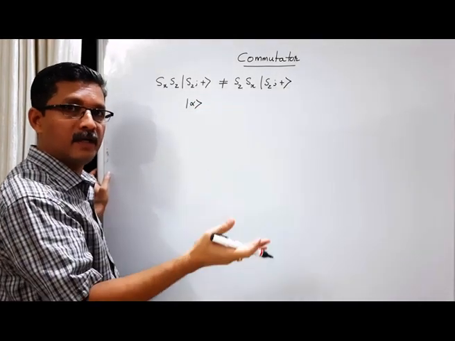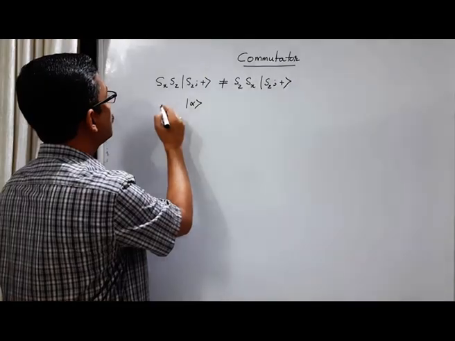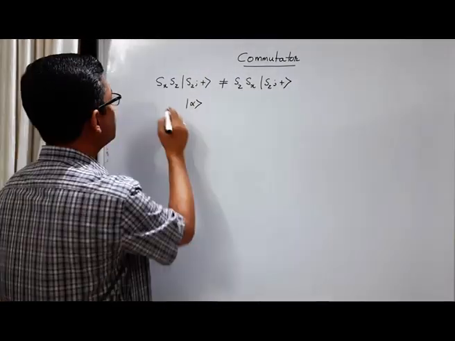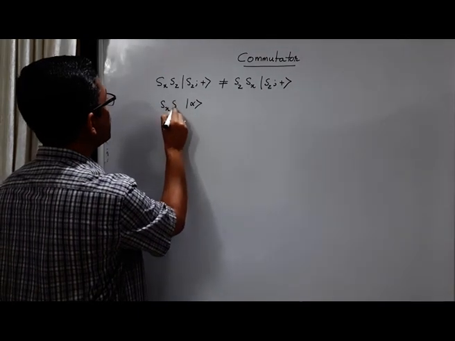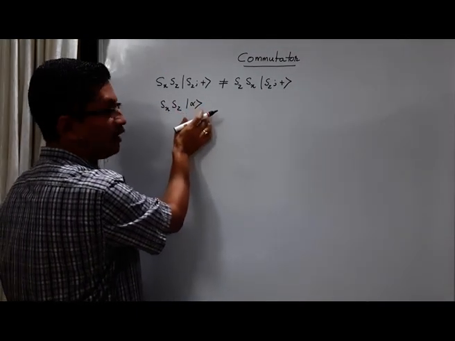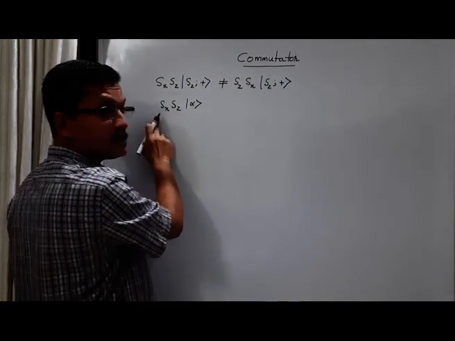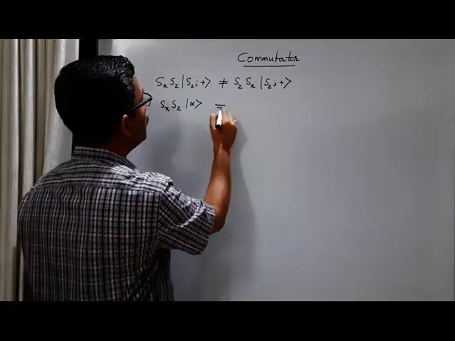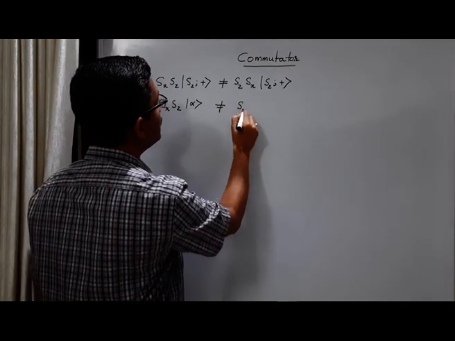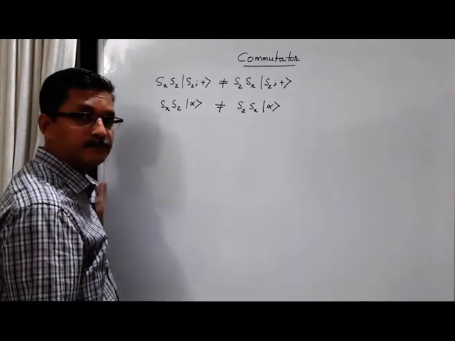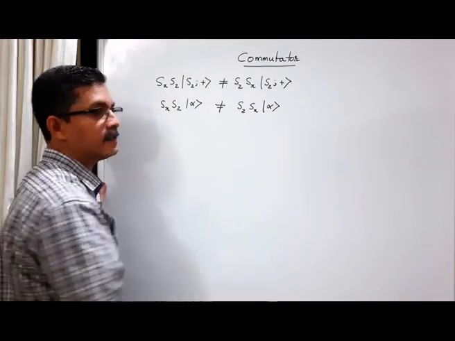This we can verify by experiment. We can change the initial state repeatedly and then verify this. That is Sx Sz acting on an arbitrary ket alpha, in this order, Sz first, Sx next, is not equal to Sz Sx acting on the same arbitrary ket alpha. Okay, Sx first and Sz next.